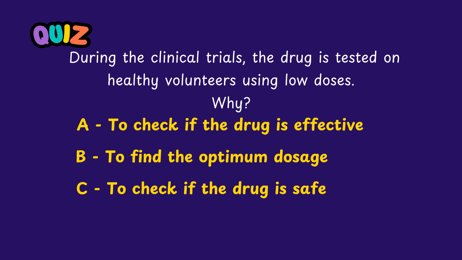The answer is C. Students, it could not be A or B because A says to check if the drug is effective. These are healthy volunteers. They do not have the disease, and so we would not find out anything about effectiveness of the drug, right? And B, we could not find optimum dosage because these people do not have the disease, right? So the answer has to be C.